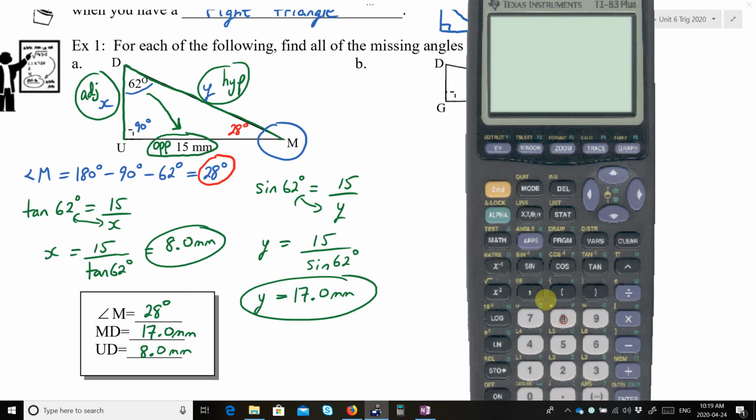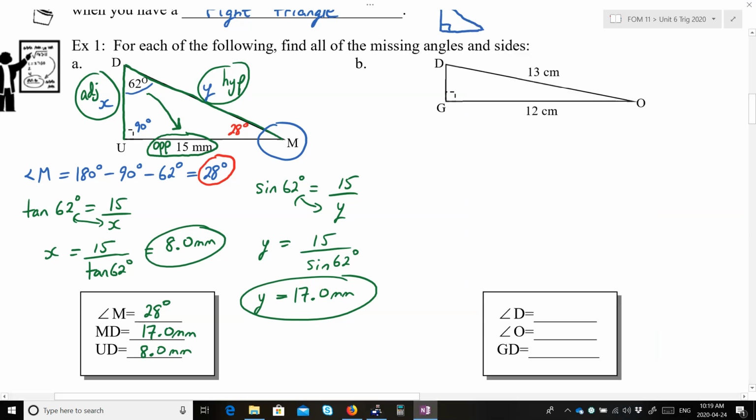If we look at Pythagoras, 8 squared plus 15 squared, does that equal 17 squared? Yes. Okay, so that looks good.